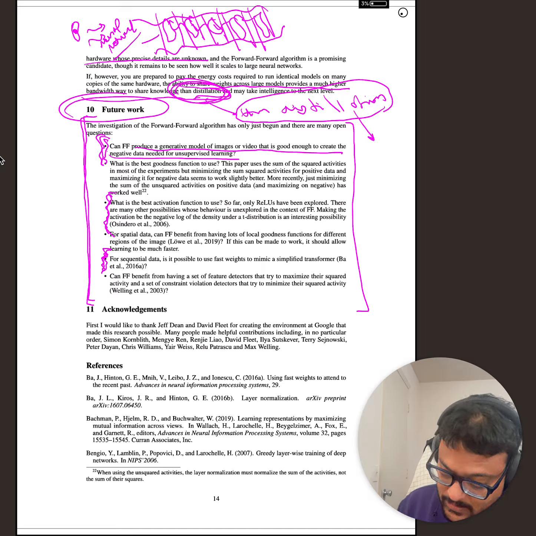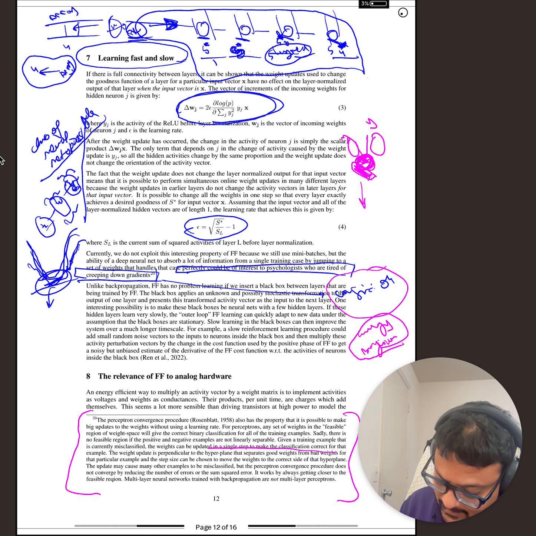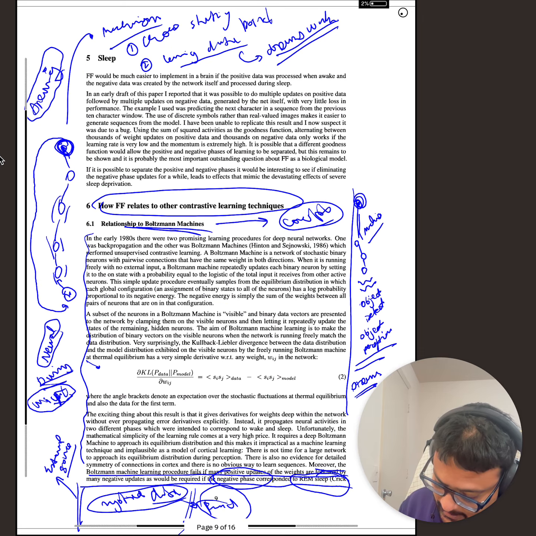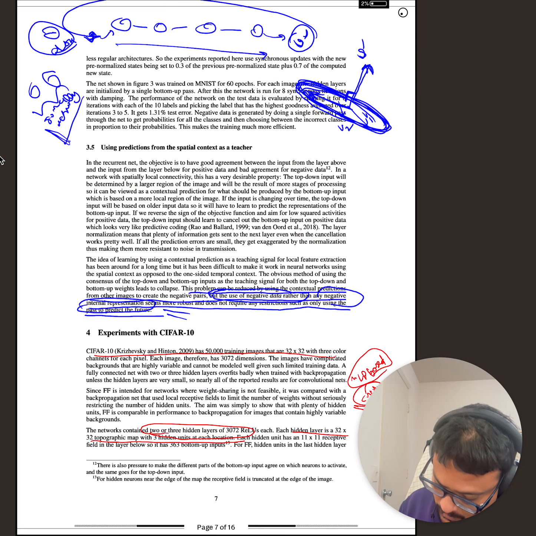Now there is a key point here which is very important. If you look at his paper in detail, you have to actually understand when he is talking about the negative data. So let me go there.